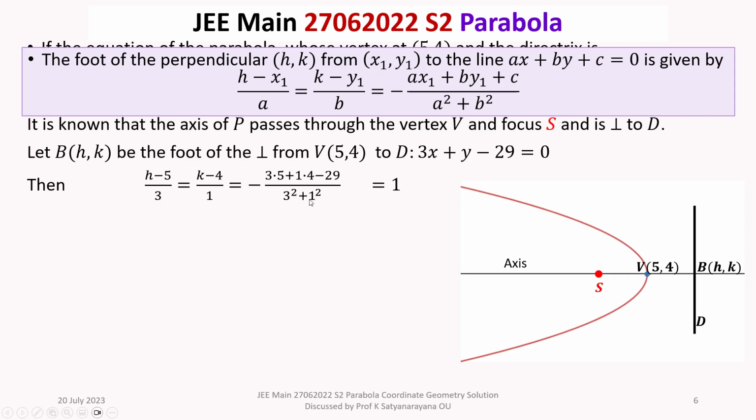When you simplify this, including the minus, you will get 1. Then (h - 5)/3 = 1 implies h - 5 = 3, which implies h = 8.